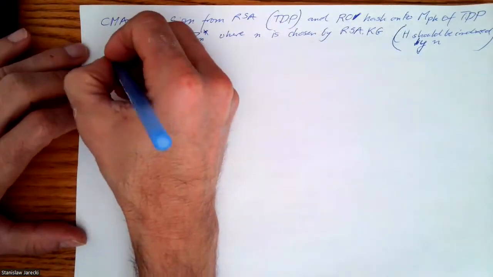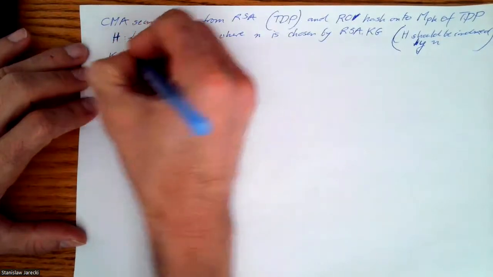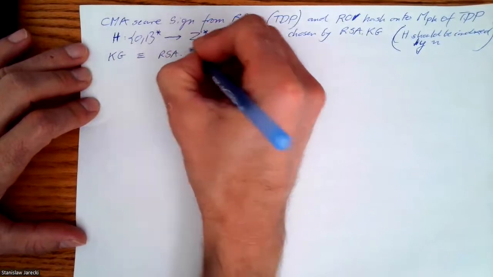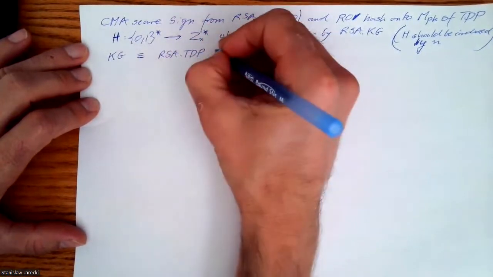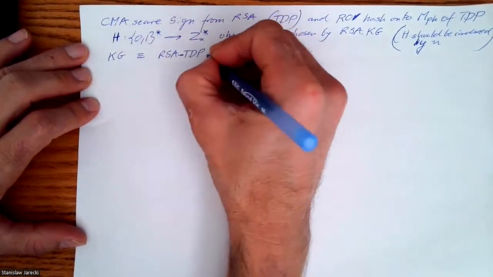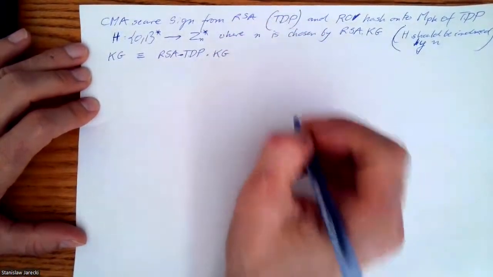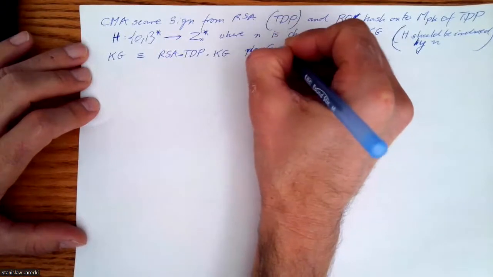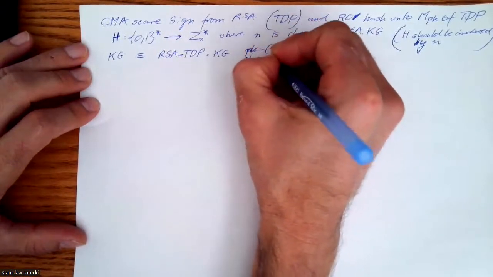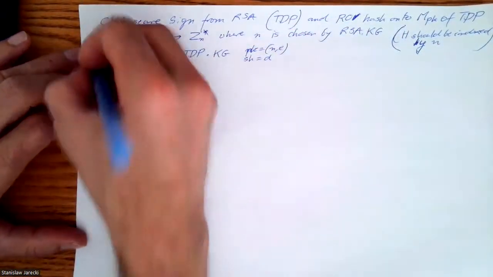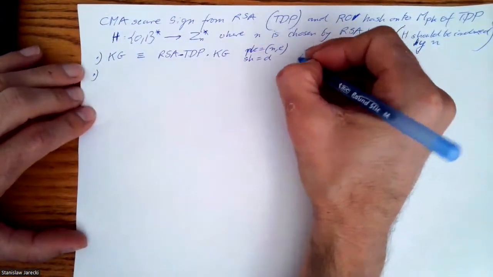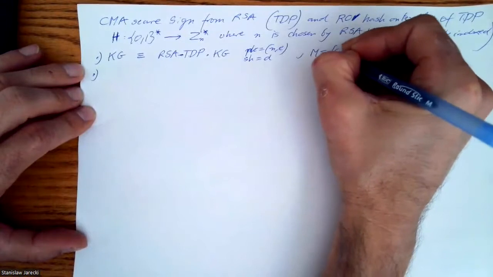Okay, then the key generation is the same as the RSA trapdoor permutation key gen. So the public key is (n, e), the secret key is d, and so on. Now the message space is any bit string.